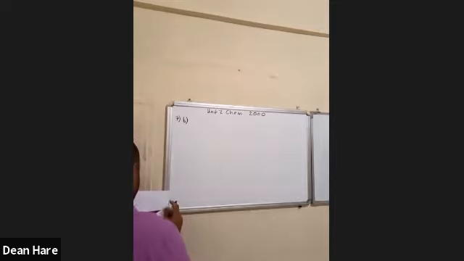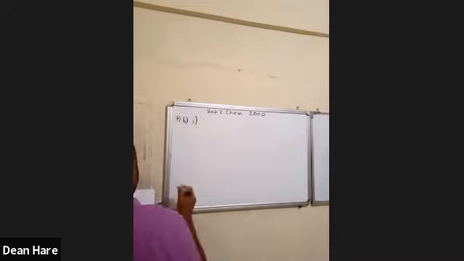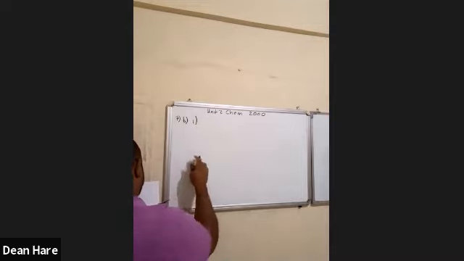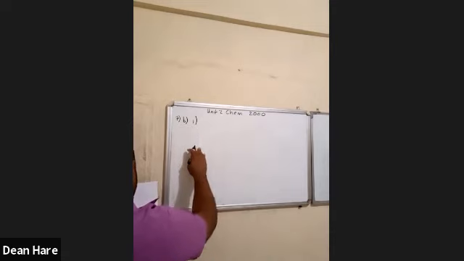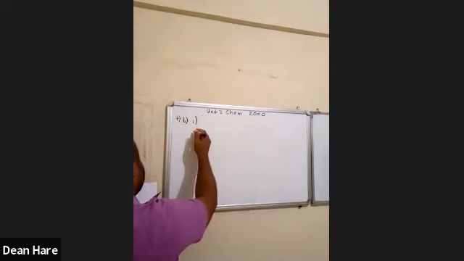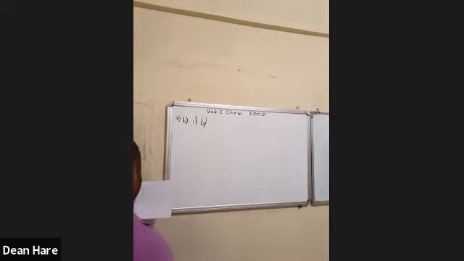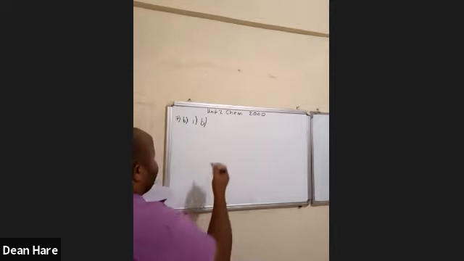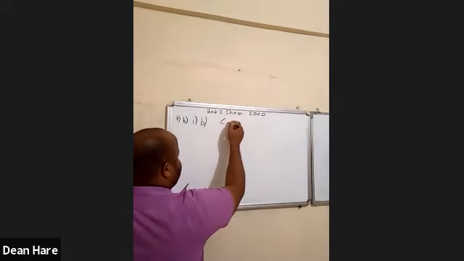So we're doing 1B. All right, so we're at 1B. So it says name and draw the displayed formula of compound P. So P is the alkene, C4H8.